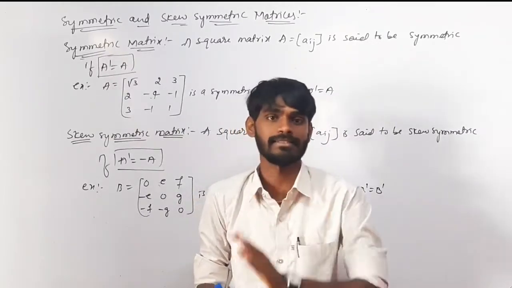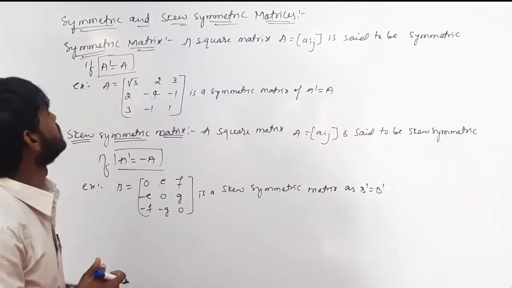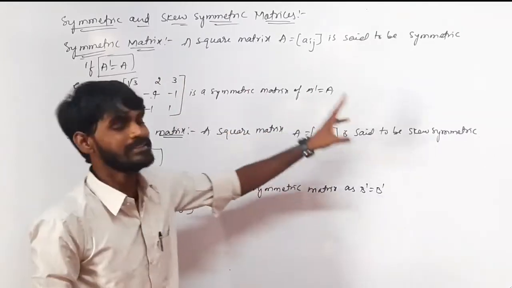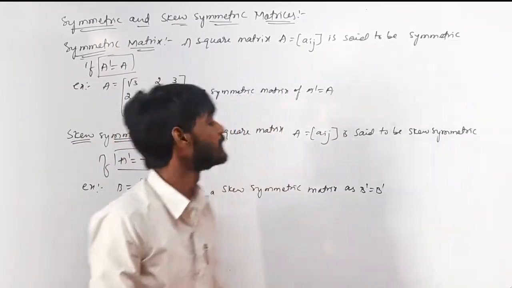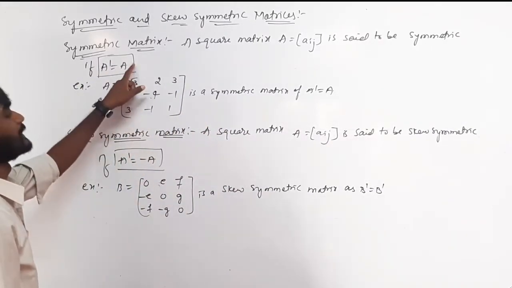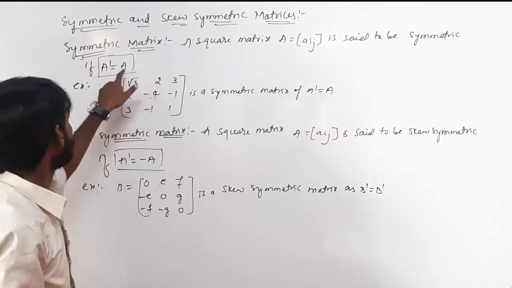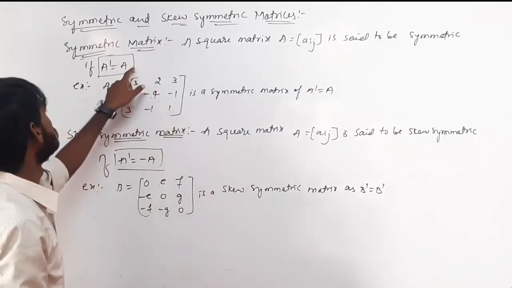Then that matrix is called a symmetric matrix. This is very important: for any square matrix, after applying the transpose we get A only.